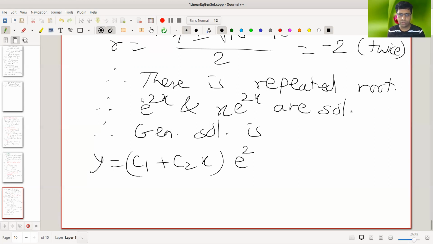The root is minus 2, so e raised to minus 2x. So this is the general solution. Next example.